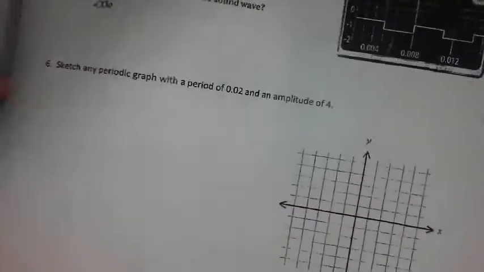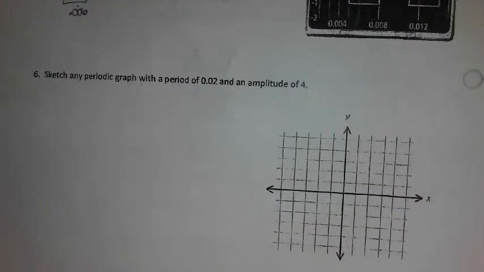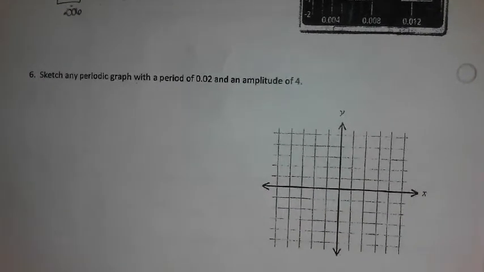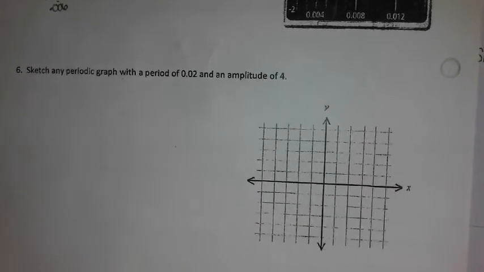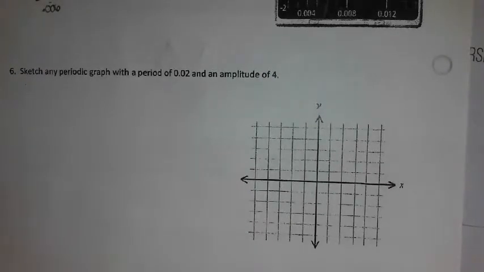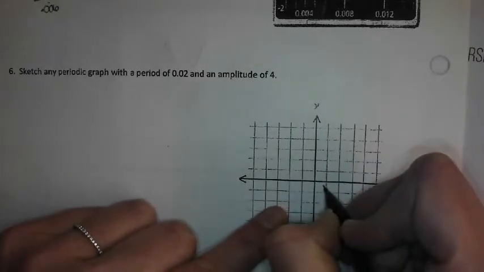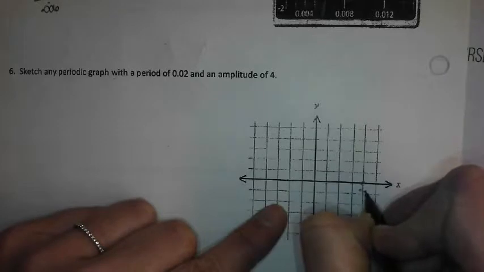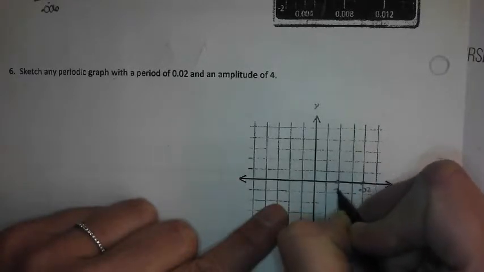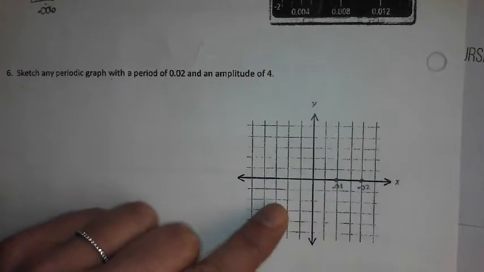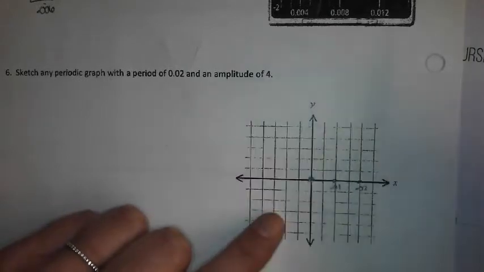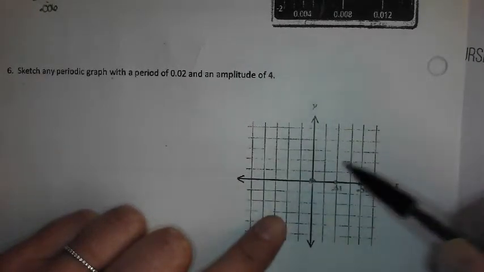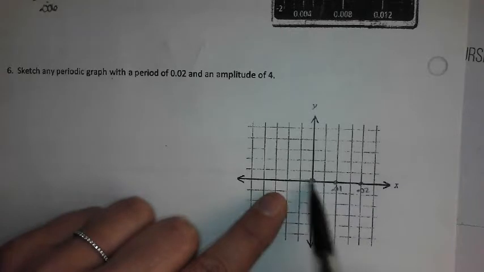And then the last one here with us sketching our own graph. Sketch a periodic graph with a period of 0.02 and an amplitude of 4. So guess what? I'm going to call this 0.02 just to really spread it out, and that's going to be 0.01. And I'll just go with an amplitude of 4. So I'm going to let this be my midline.